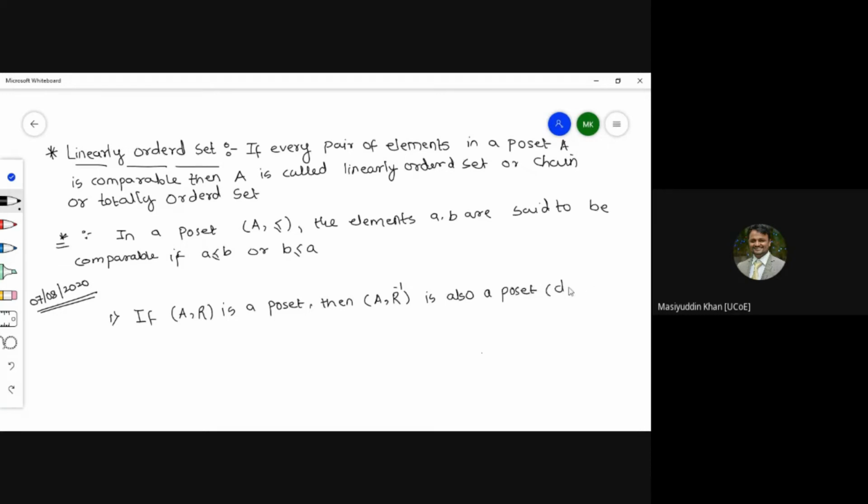Sometimes it is known as a dual poset. So we have to prove this part.